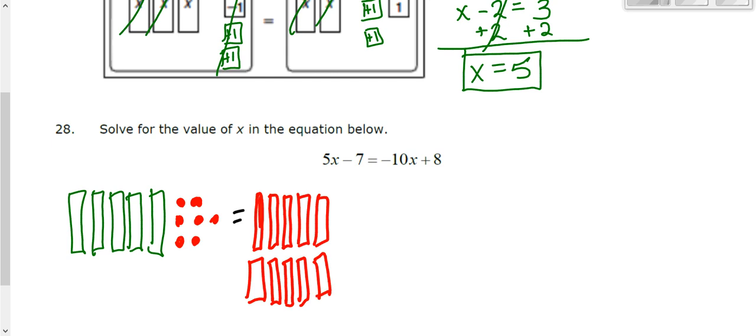I'm just going to use red for negatives. You can shade yours in.